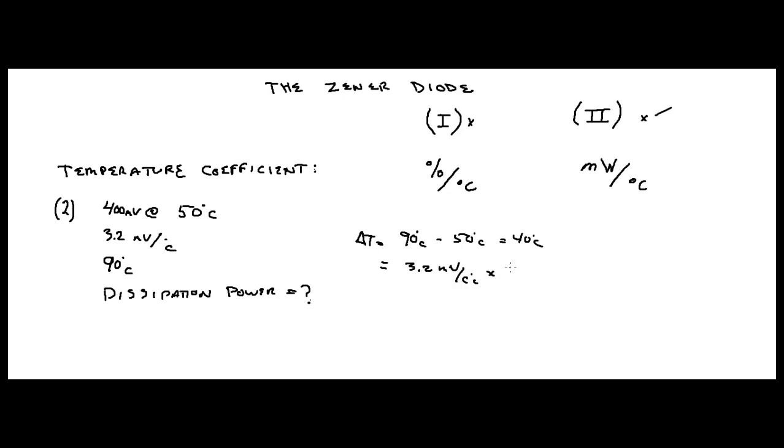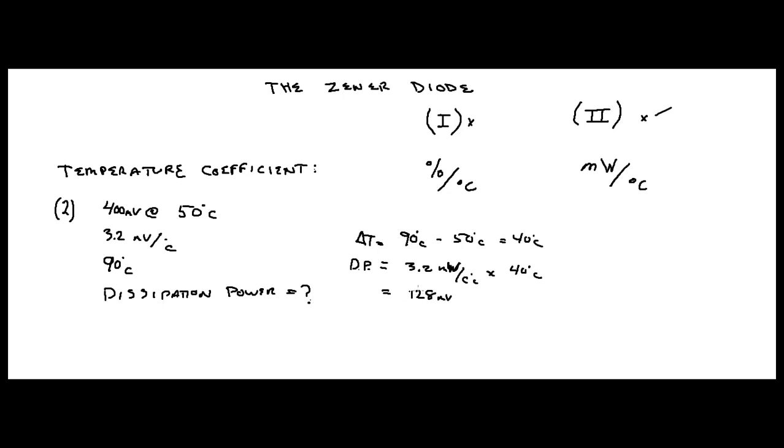Times 40 degrees C. And this is going to equal how much you can dissipate, right? I'll call it dP just for short, right? Now you multiply that out, that's going to equal 128 milliwatts, right? This is a W, by the way. Doesn't look like a good W, but that's a W, all right?